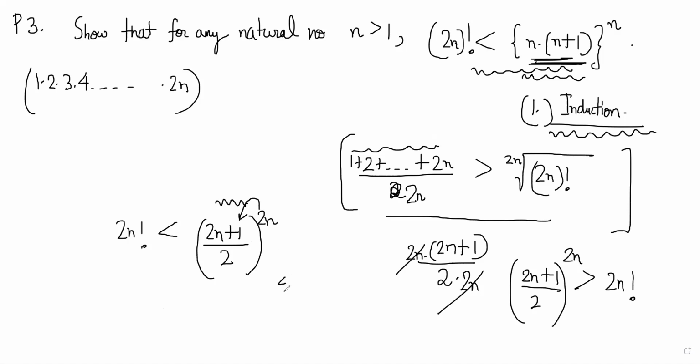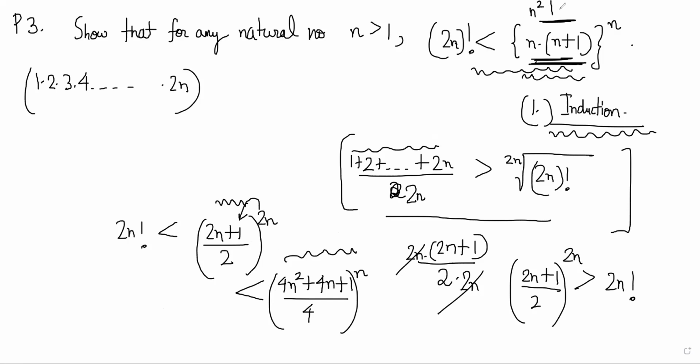It will become 4n square plus 4n plus 1 by 4 power n, right? If you can show that this is lesser than this, then it is correct. This is actually n square plus n, and this is n square plus n plus 1 by 4, right? Then that is not going to work because this is bigger, right?